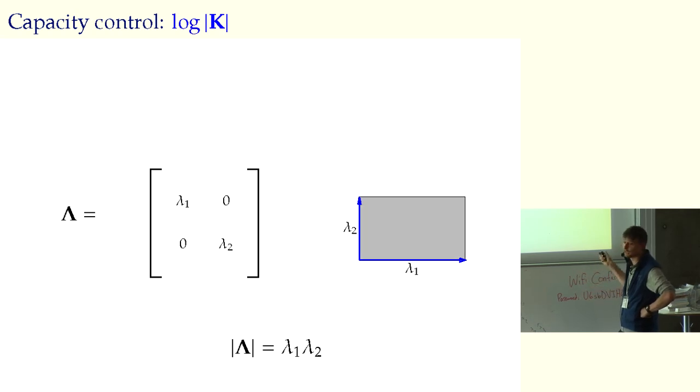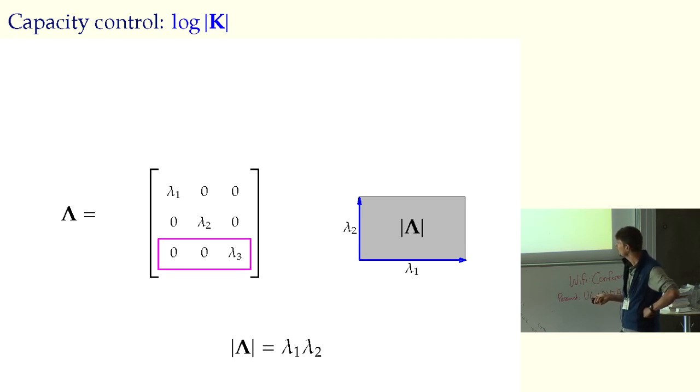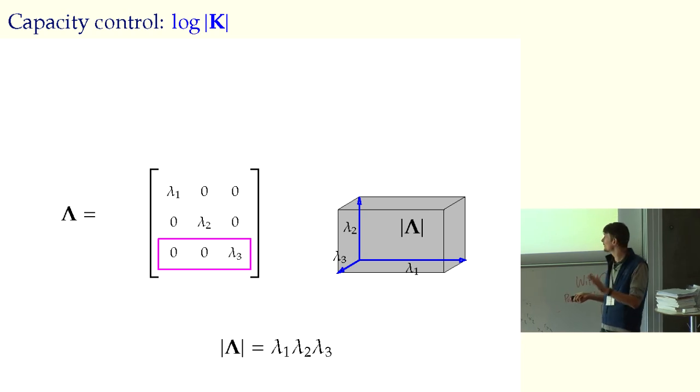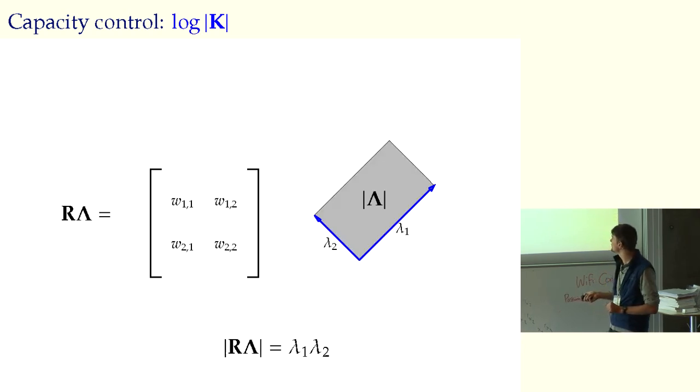And that also gives me that area. So that area is given by the determinant of lambda. If I add another dimension, this determinant is given by lambda 1, lambda 2, lambda 3. So it's just a volume. So this determinant term is a volume.